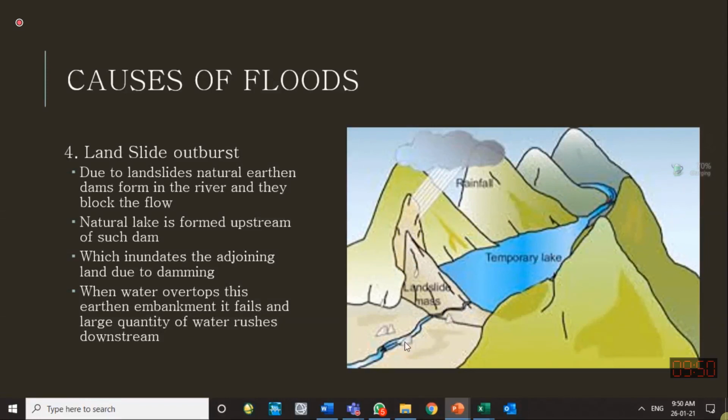Originally, this river was flowing. A huge mass has flowed down into the path of the river, and it has obstructed the path of the river. When the path of the river is obstructed by a land mass, then it becomes like a reservoir.